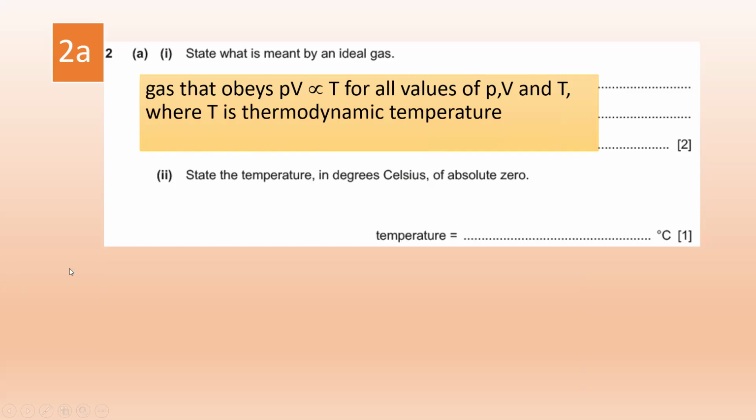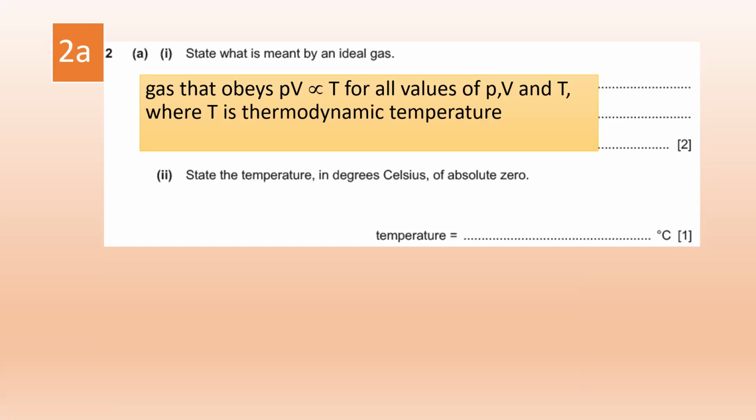The gas obeys PV proportional to T for all values of P, V, and T. T is the thermodynamic temperature. Teacher, when did they stop allowing this? Because the mark scheme, some don't use this anymore.